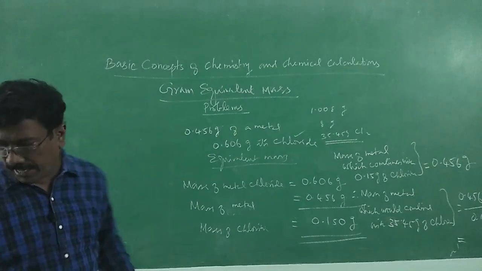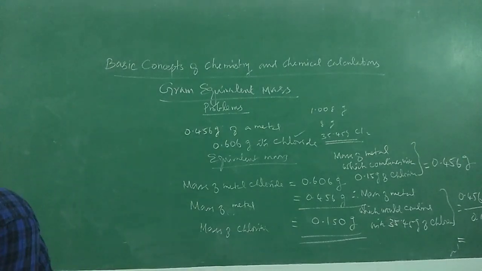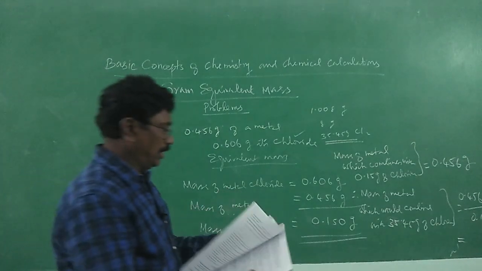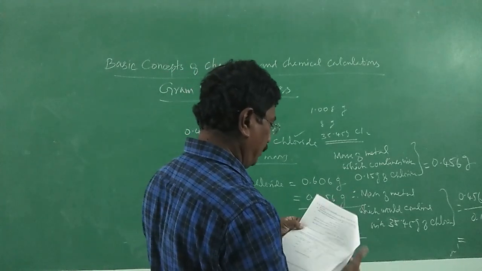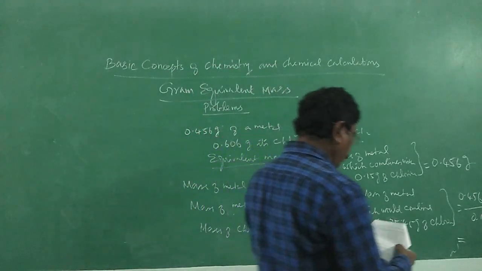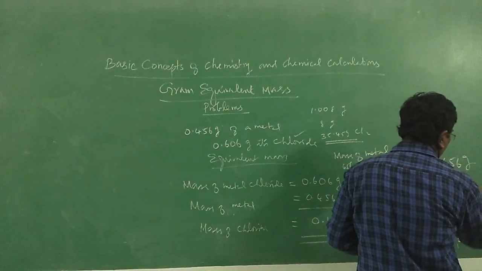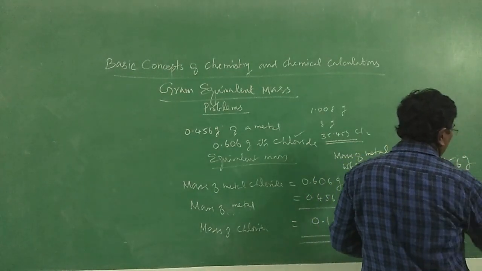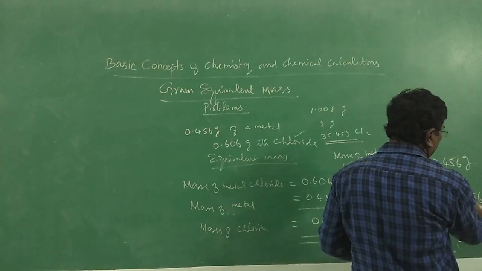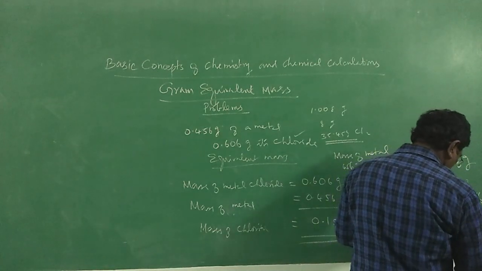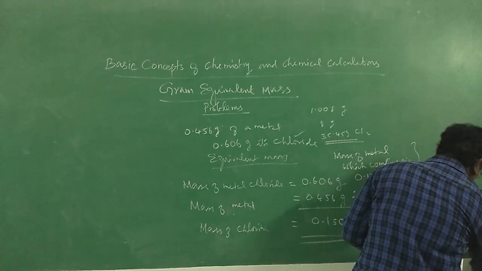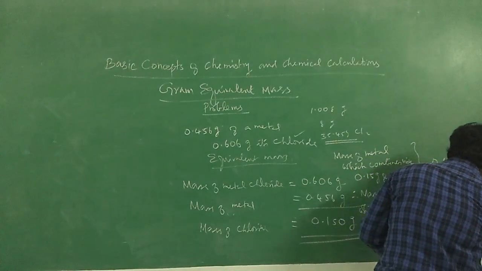That arithmetic calculation part you can do. Otherwise, I have calculated. The value is approximately 3 into 3, approximately 105, but slightly higher than that. The answer comes to 107.92 gram per equivalent.